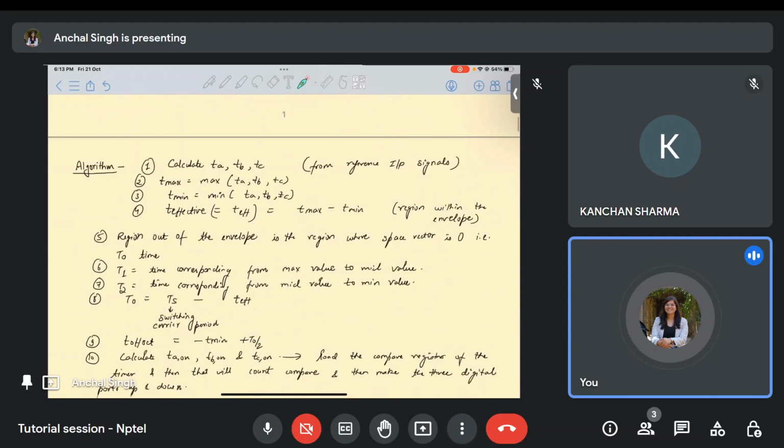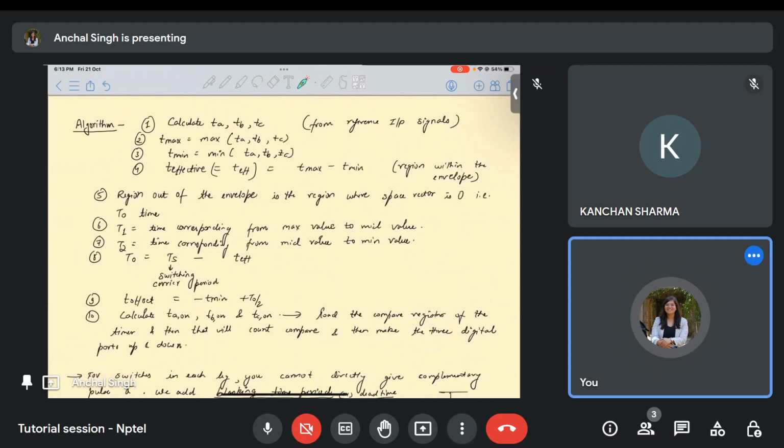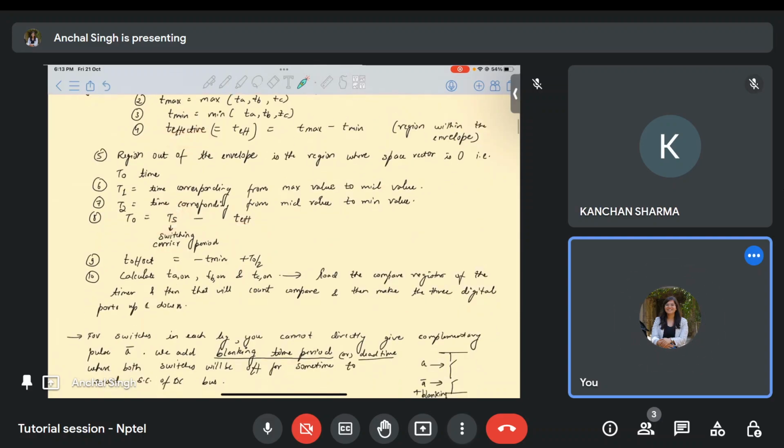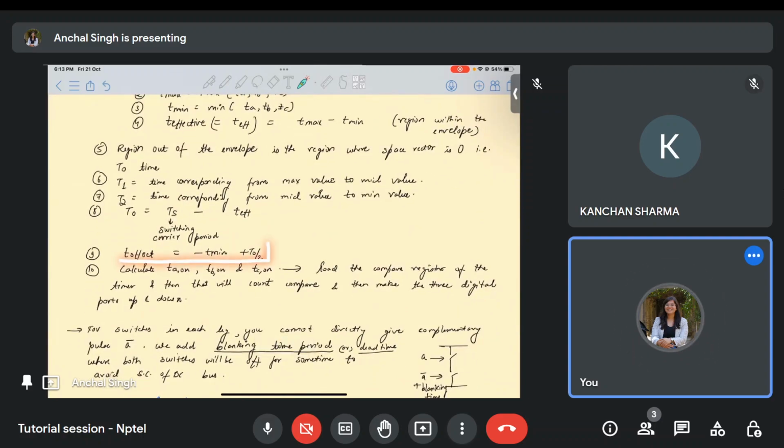So this is the basic algorithm of space vector pulse width modulation, where you calculate these times from the equations that we have just seen. We calculate the maximum and minimum of these values, and the effective time, which is the time corresponding to active states. T0 is the region which is out of the active states. So in order to obtain T0, you just subtract the T effective, or the active state time, from the total switching time of the carrier period, and then you calculate the offset time, and then you add this offset parameter to all the three times in order to get times which are always positive.